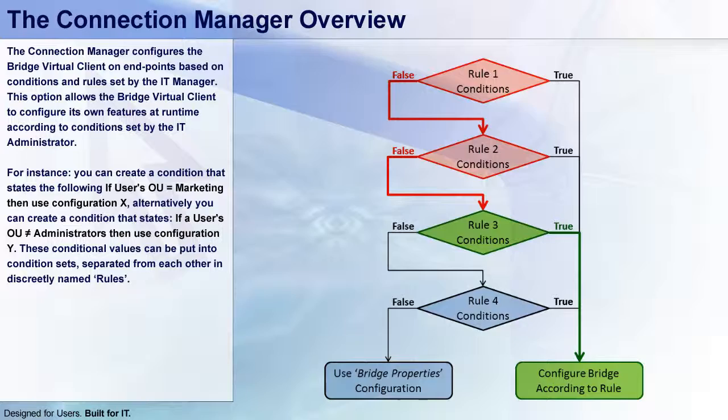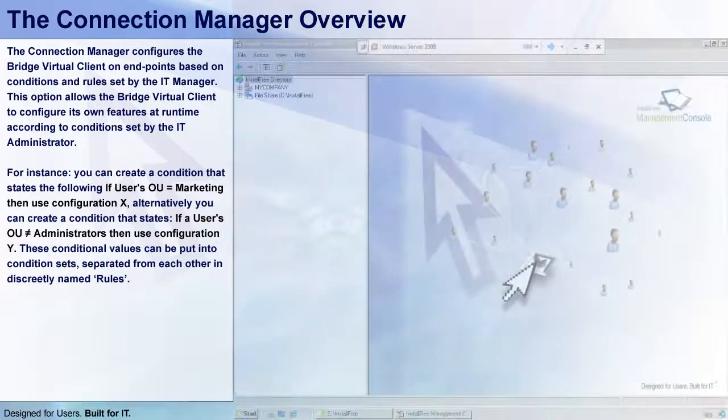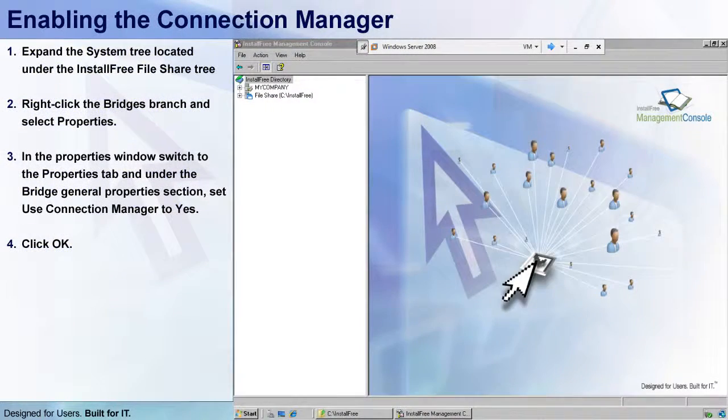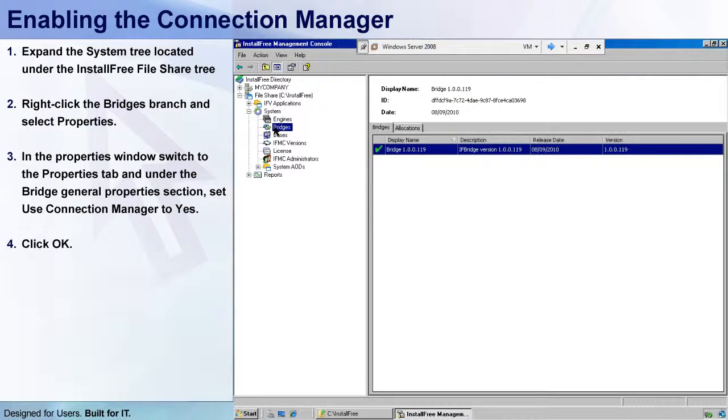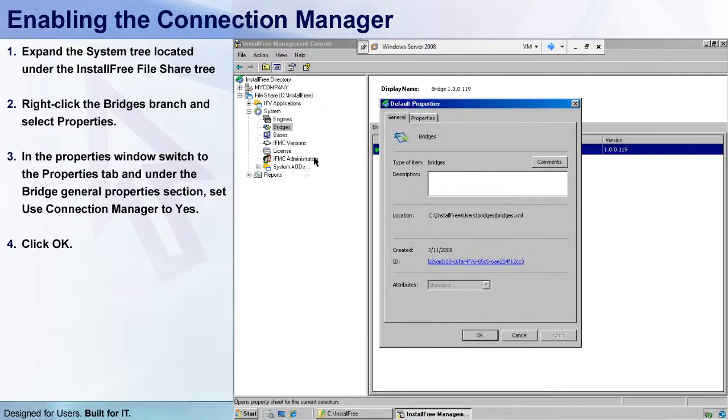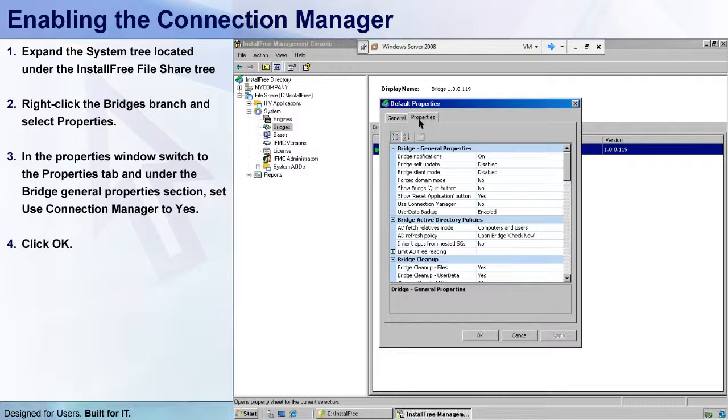Okay, so first let's start with the initial step of enabling the Connection Manager through the Bridge Properties window. So I will expand the File Share tree, expand the System tree, right-click the Bridges branch here, and select Properties. And here under the Bridge General Properties sections, I will switch the Use Connection Manager to Yes.